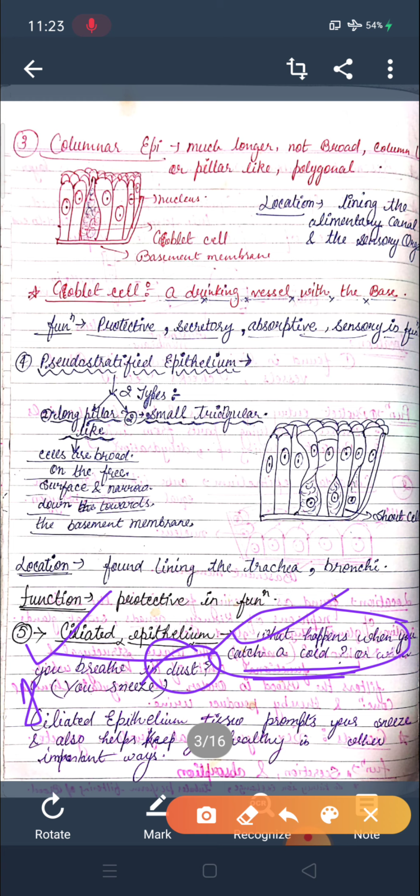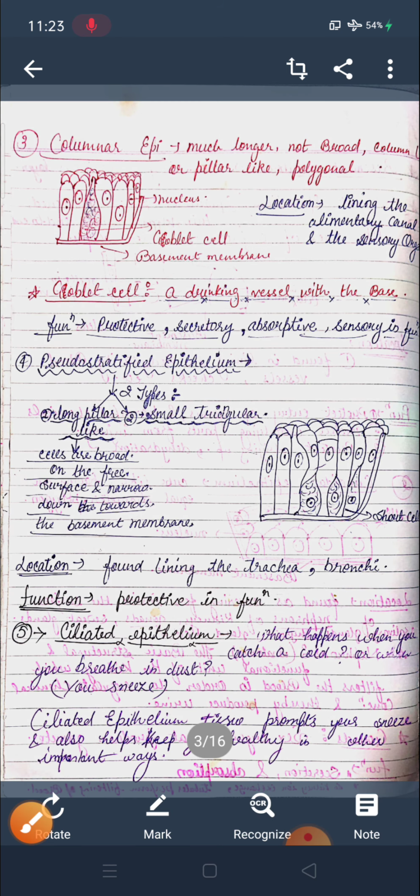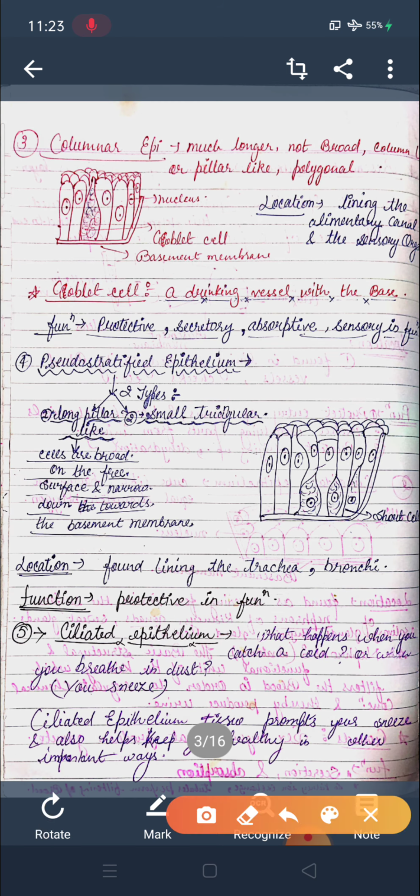Answer is you sneeze. Why? Because ciliated epithelium tissue prompts your sneeze and also helps to keep you healthy in other important ways.